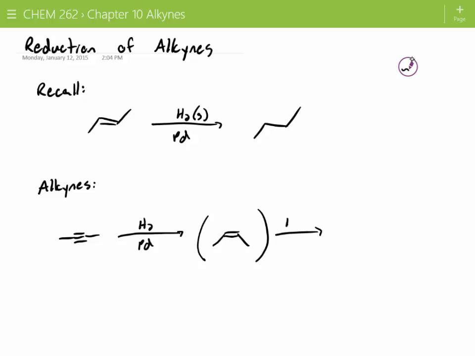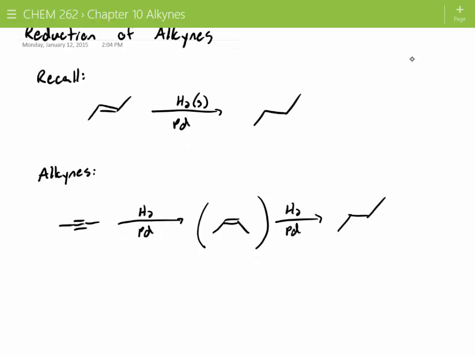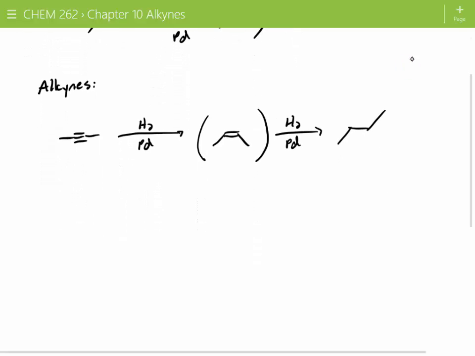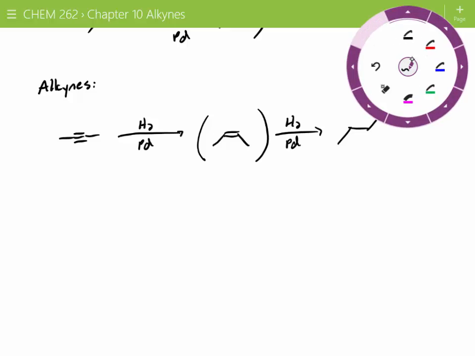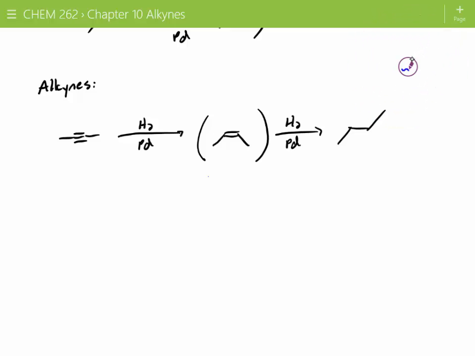And then if we add more hydrogen and palladium, we could go all the way to our alkane, right? The interesting thing about this is that we can't isolate our cis alkene. We only go straight to the alkane.